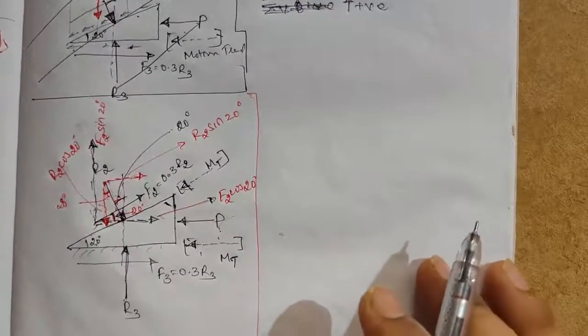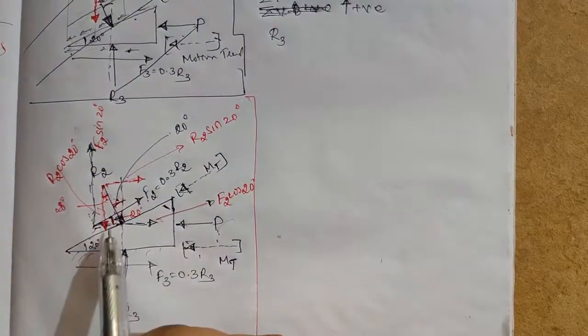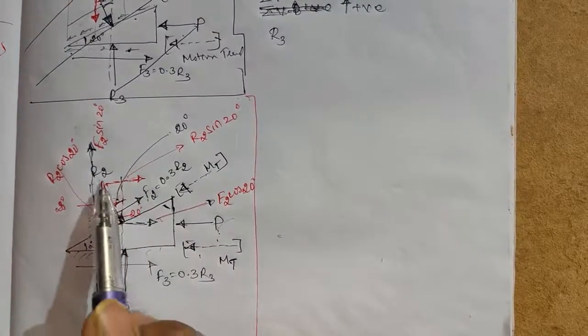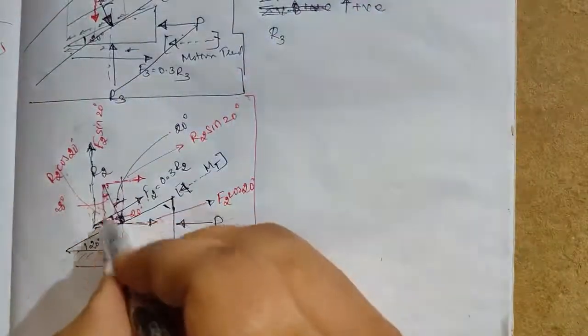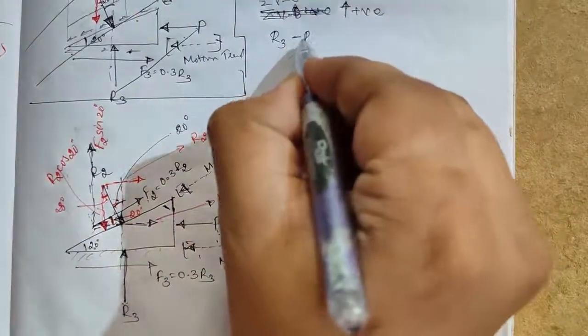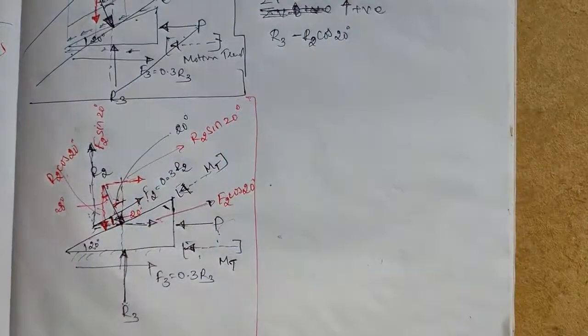So what are the vertical forces? Directly we are getting R3, so I wrote R3. Then come to R2. What is the vertical component? R2 cos 20. The direction is downwards, so minus R2 cos 20 degree.